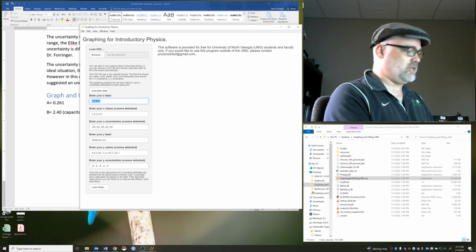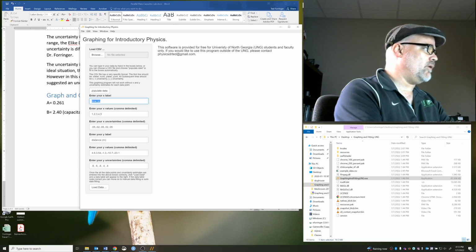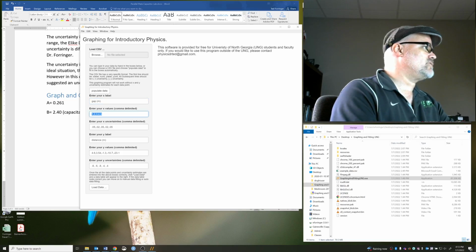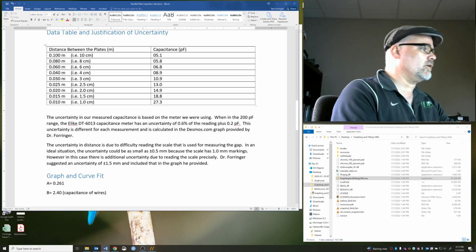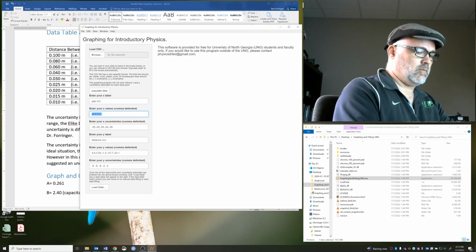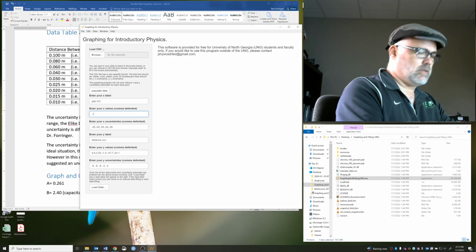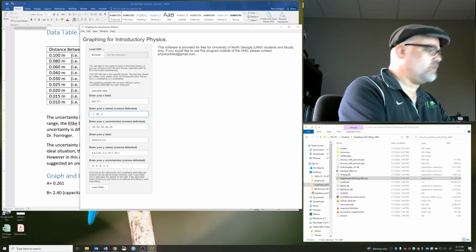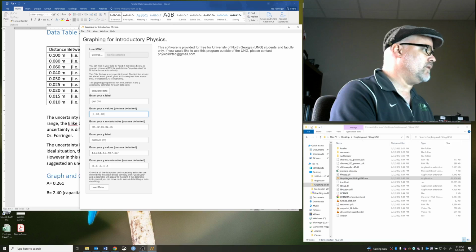Like I could just literally type in, all right, I want my X label to be gap measured in meters, and my X values are 0.1, comma, 0.08, comma, 0.06, right? Go on and type those all in.